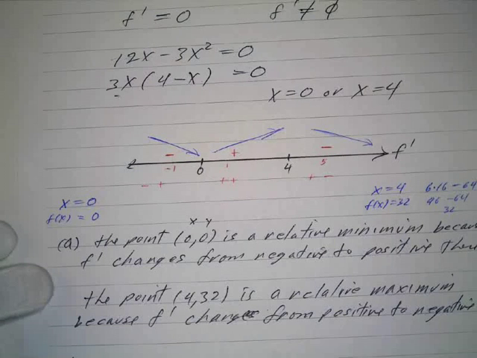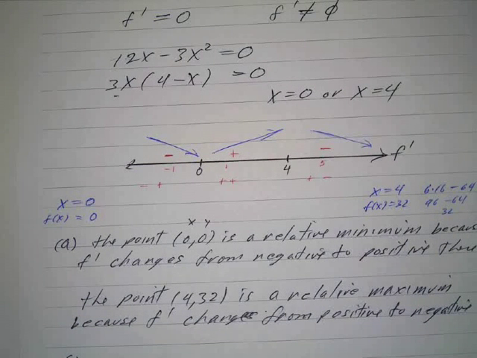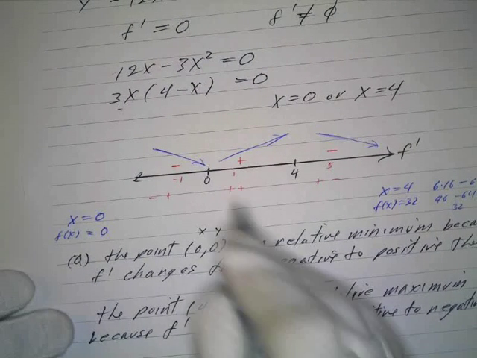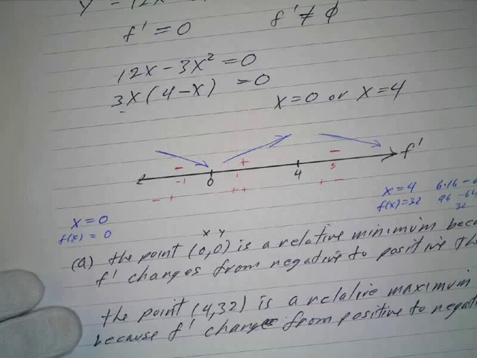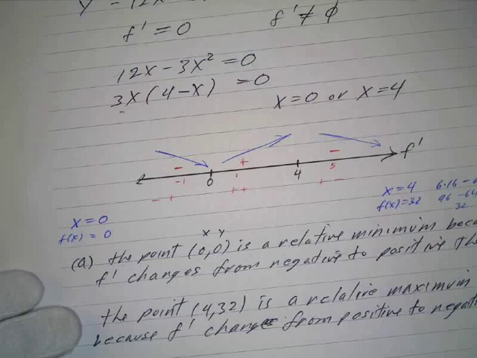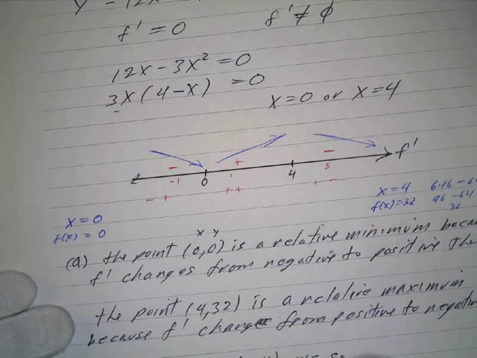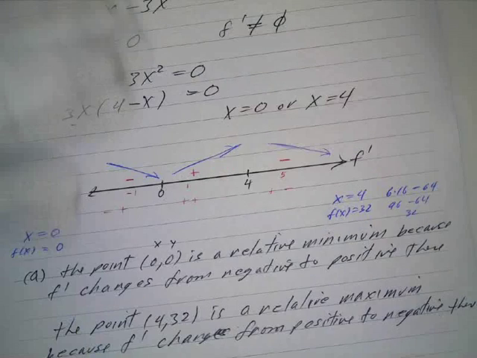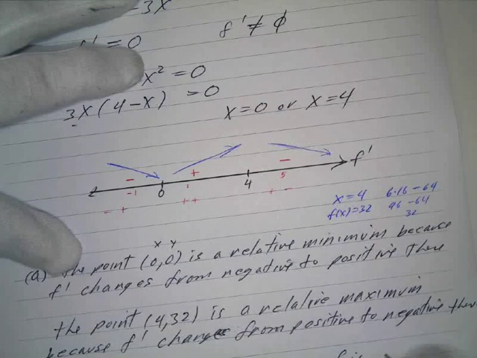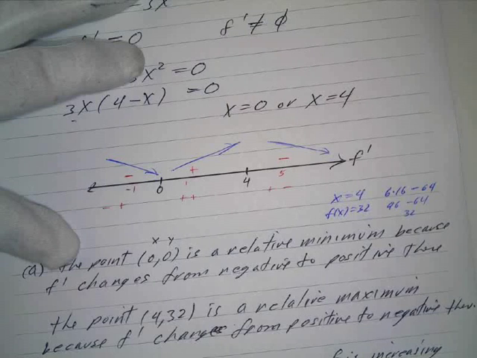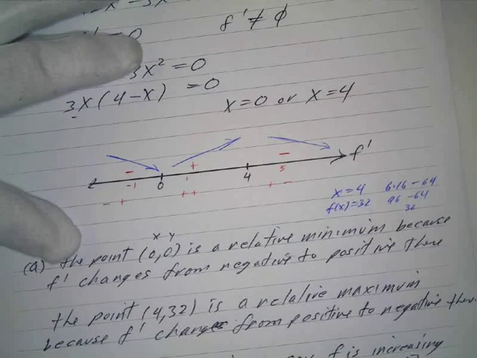And then B was the intervals in which the function is increasing, so it seems to be increasing. Now, since f prime is greater than 0 on the open interval 0, 4, then we say f, the function, is increasing on the closed interval 0 to 4.